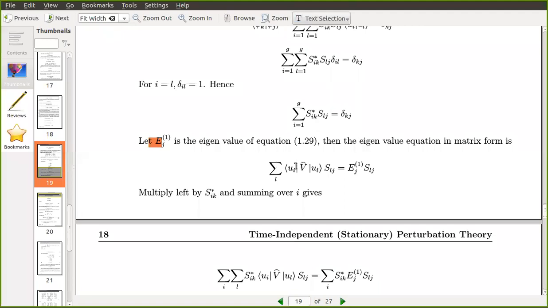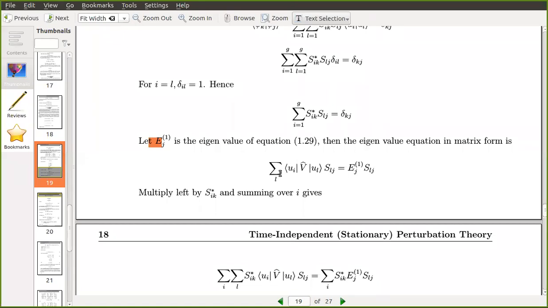So this is A, this is x, and this is lambda x. So this is the eigenvalue equation in matrix form, where the matrix is given by the above equation. Is that clear? The eigenvalue equation is clear. Ax equal to lambda x. Is that clear?